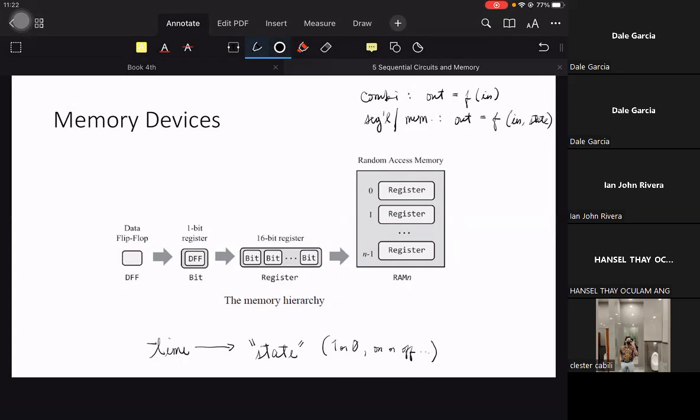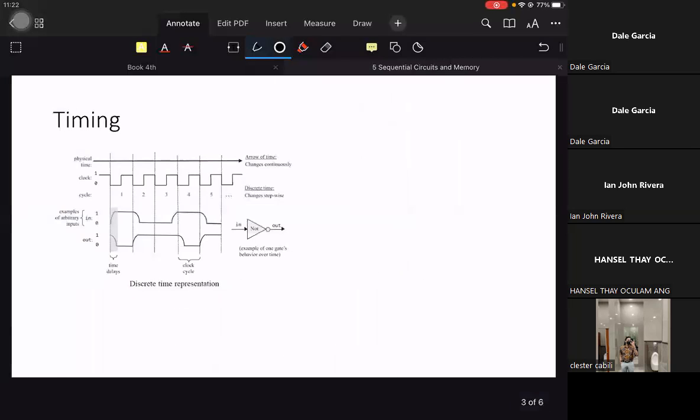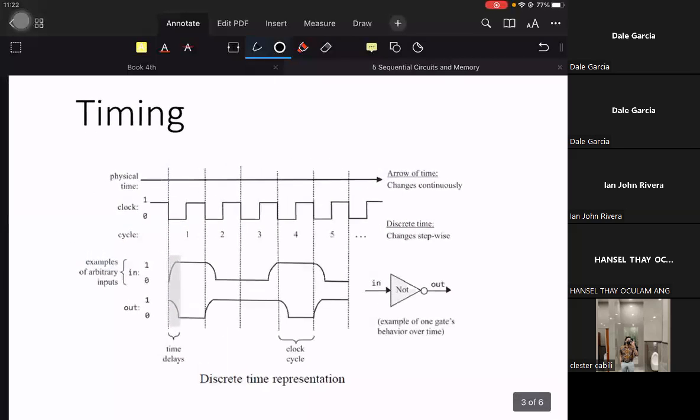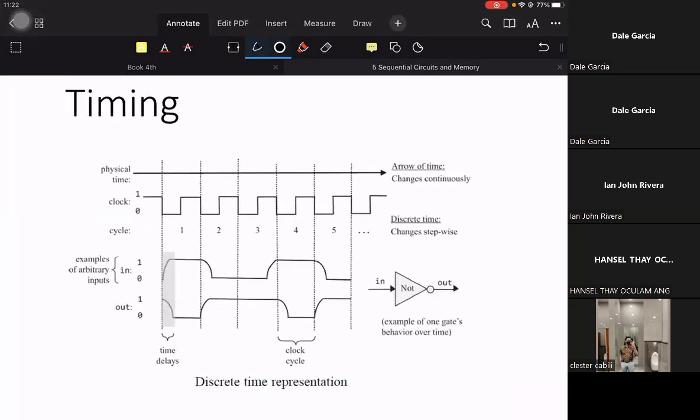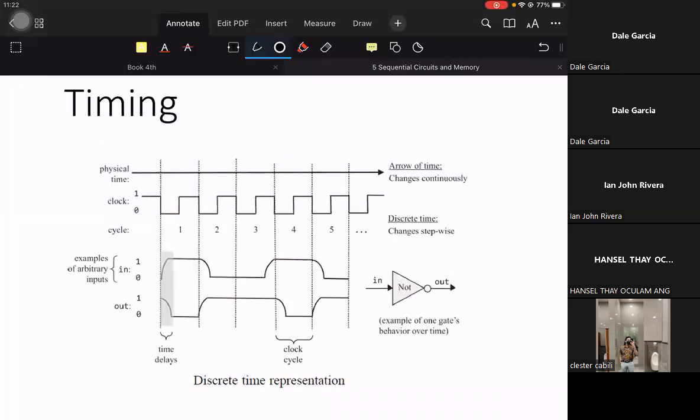So let's analyze more how we can quantify time in this context, in the context of the study of microprocessors. Okay? So maybe review this if you've already covered it last sem in logic circuits, but if not, this is still a good review.